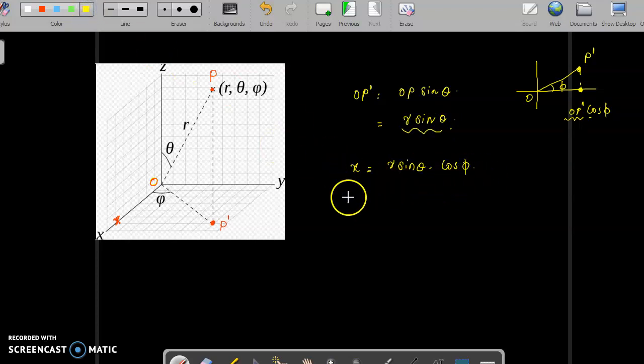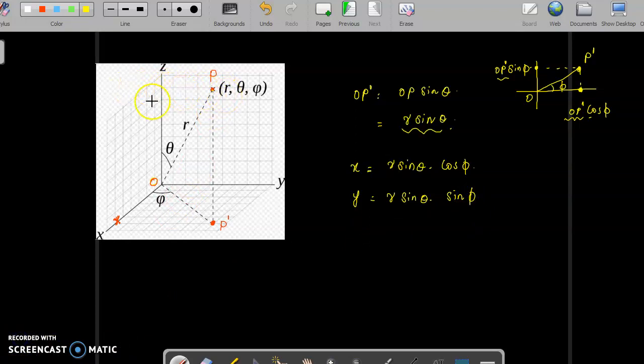Similarly, the value of y is OP dash sine phi. So OP dash we know, that is r sine theta sine phi.